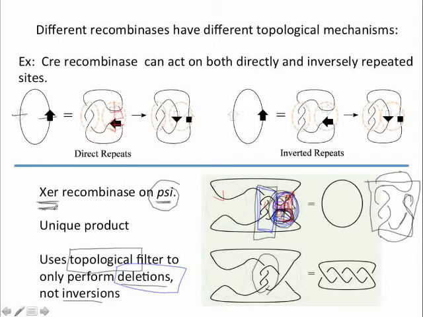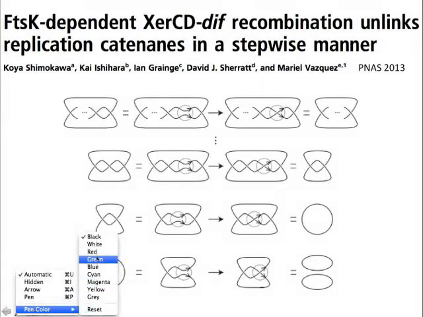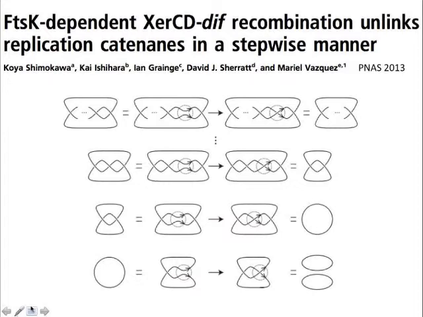So if my XER instead acts on diff sites instead of psi sites, and if it instead has different accessory proteins, then it will do a completely different reaction.